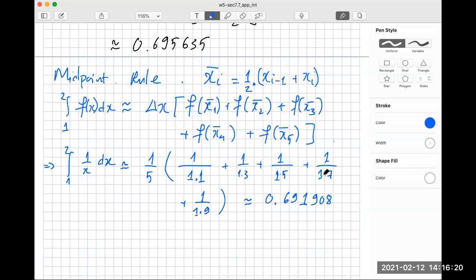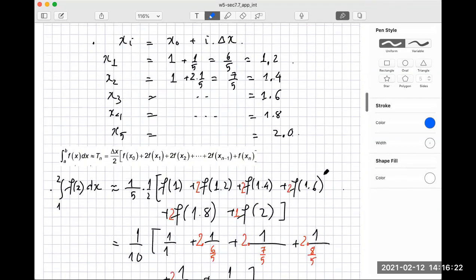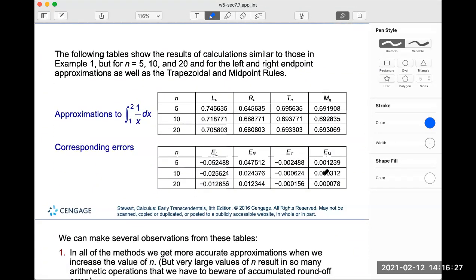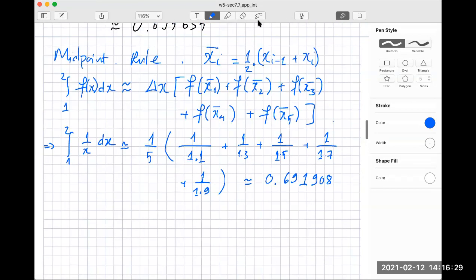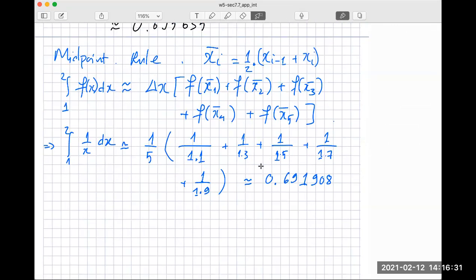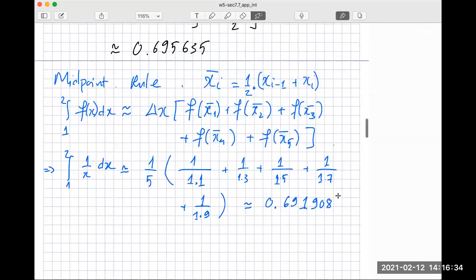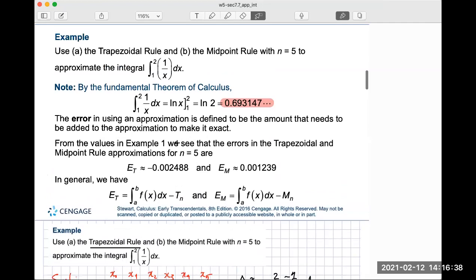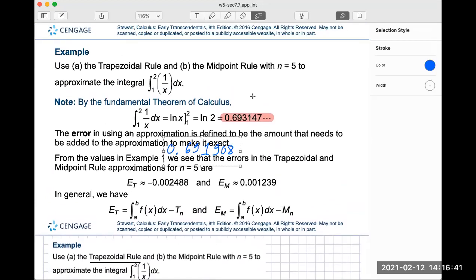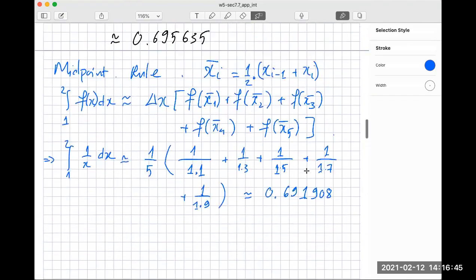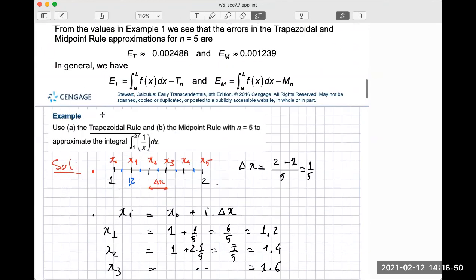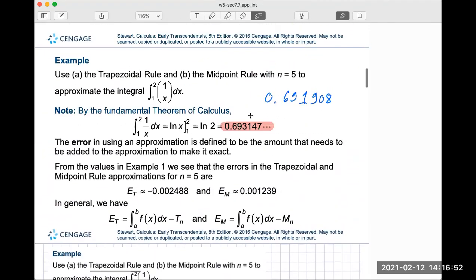Okay, look at the notes I gave you. Let us copy this result. Paste it here. And this result, paste it here.